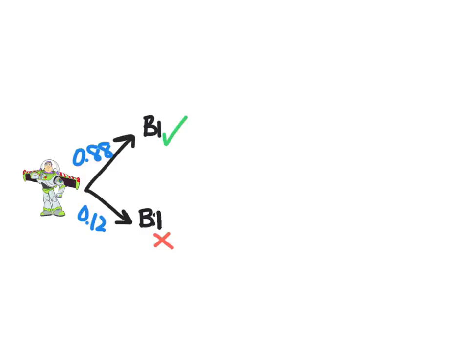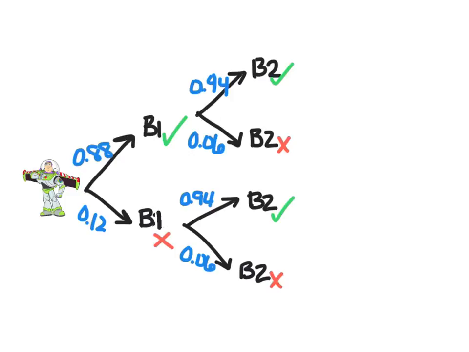Now, once Buzz looks at Bridge 1 throughout the year, he's then going to go and check out Bridge 2 throughout the year. So there's going to be a new branch of the probability tree. So for each of the first scenarios, now I can have that Bridge 2 stays up or Bridge 2 collapses. Again, there's a 6% chance that it collapses, and therefore a 94% chance that it stays up. And same for the bottom branch here.